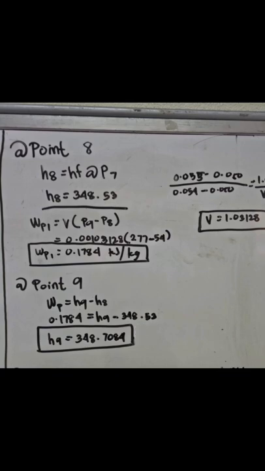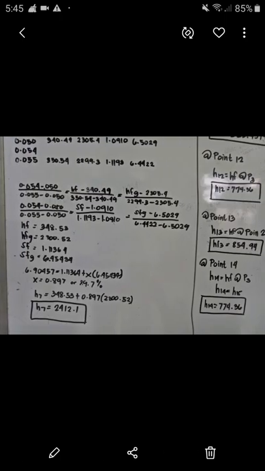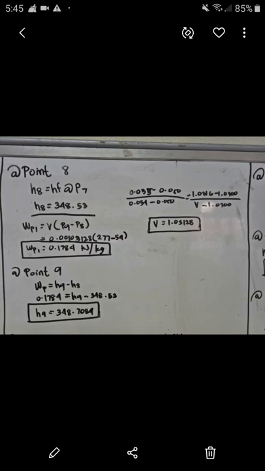The work is V times the pressure 9 minus pressure 8. So we simply substitute the V value times the pressure 9, 277, minus 54.